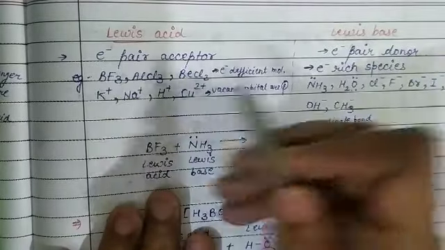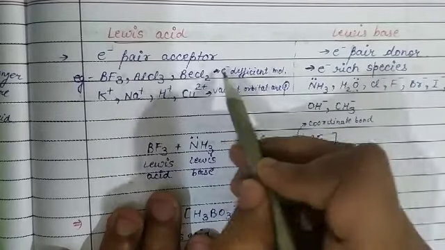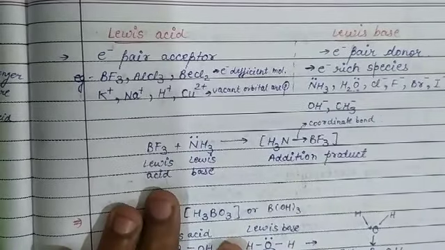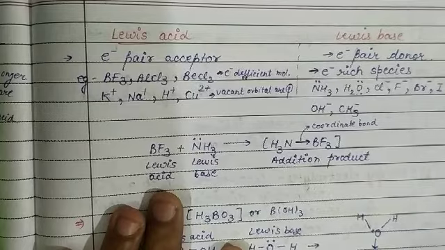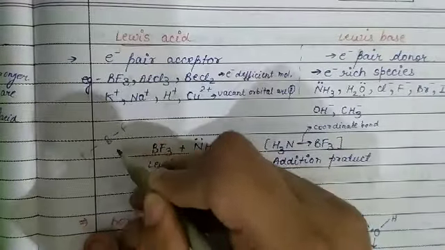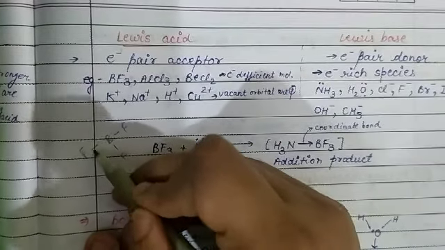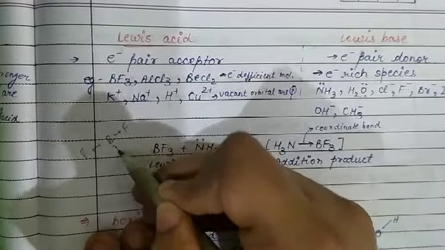For example, BF3, AlCl3, BeCl2. All are electron deficient. How are they electron deficient? We can see, for example in BF3, that they have only 6 electrons: 1, 2, 3, 4, 5, 6.